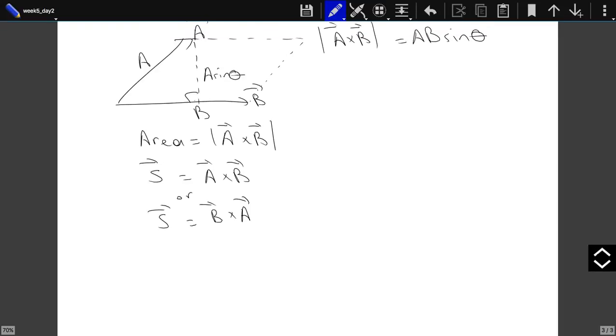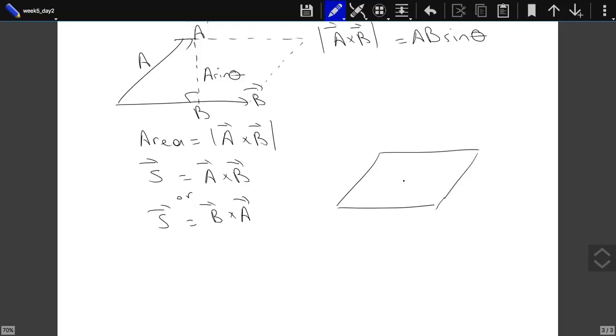And in fact, let's imagine this area. Well, we said that if we choose a direction for our area, we also choose a direction for the boundary of the area. Do you remember that? In your first year?